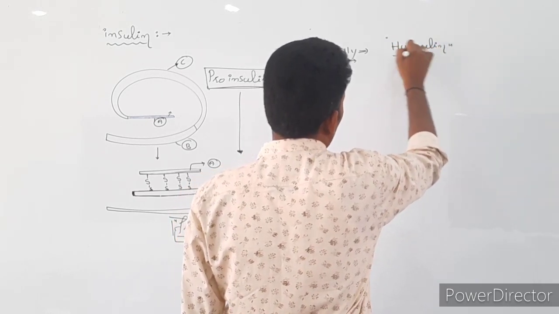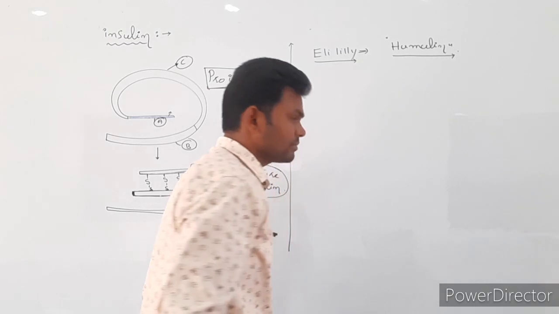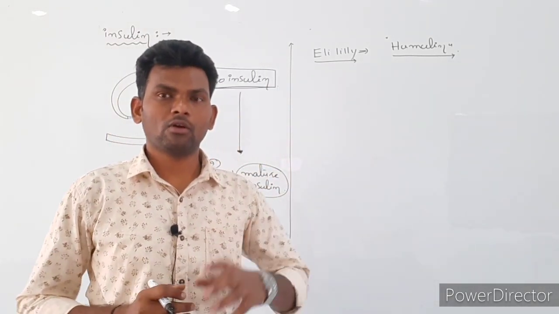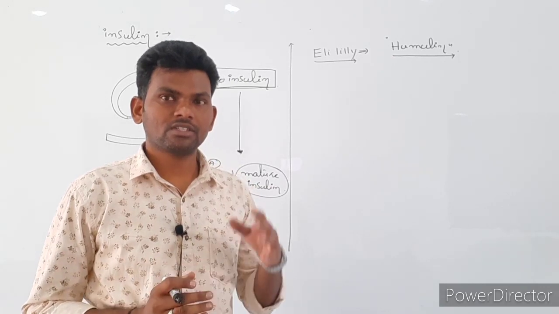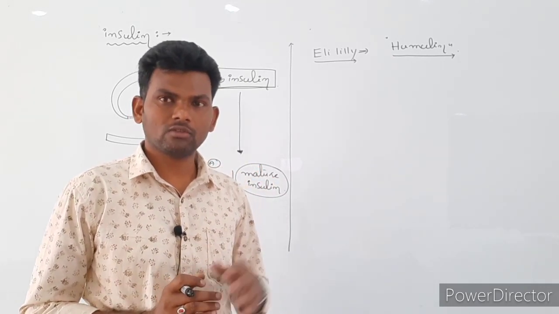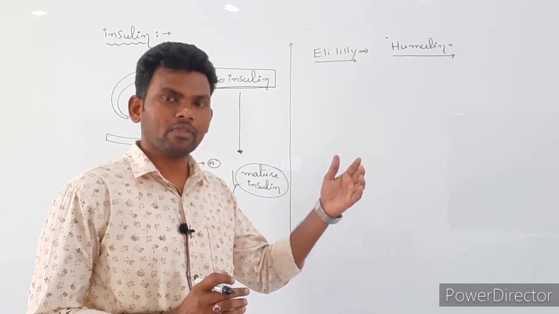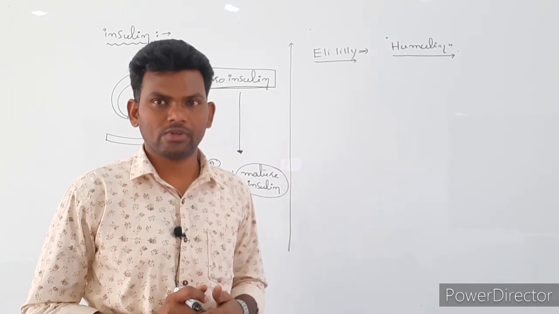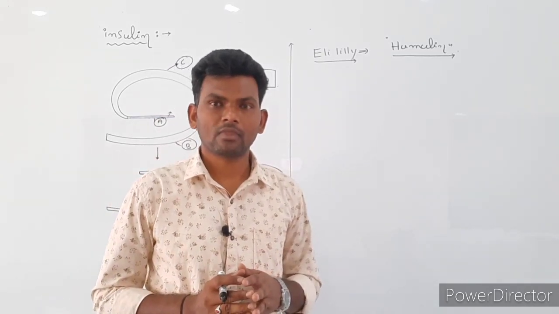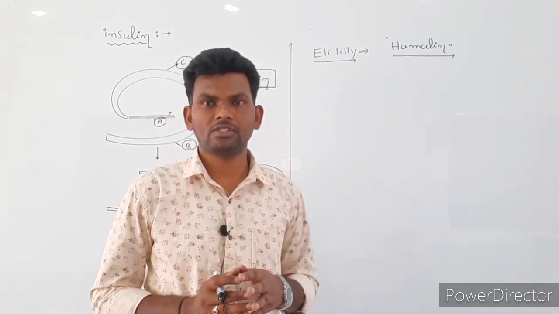Humulin is the first artificial recombinant insulin. And in India, in Pune, there is one institute, the Shreya Biotechnology Institute, where preparation of insulin is also going on. So this is the complete information regarding insulin, genetically engineered insulin.